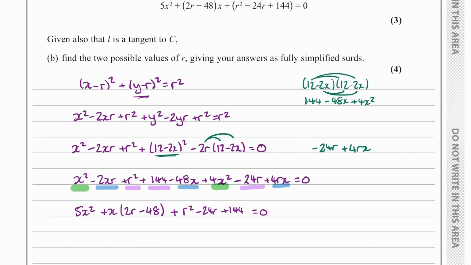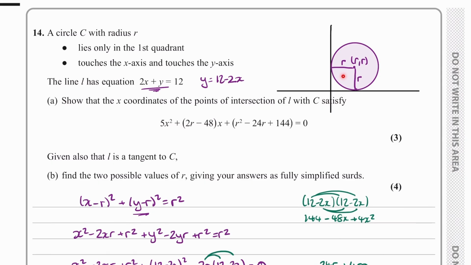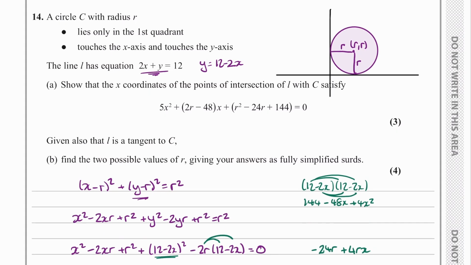For part B, we're given also that L is a tangent to the curve. We need to find the two possible values of r, giving our answer as fully simplified surds. So if this line is a tangent to this curve, then we know this will intersect the curve at one point. So we can use the discriminant.